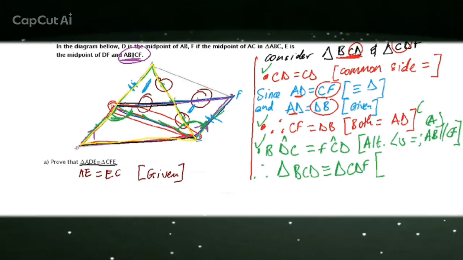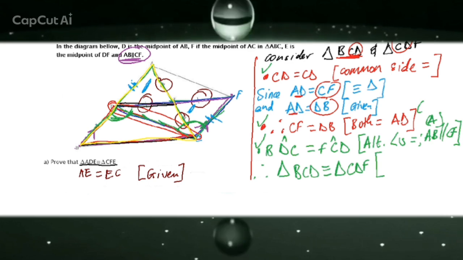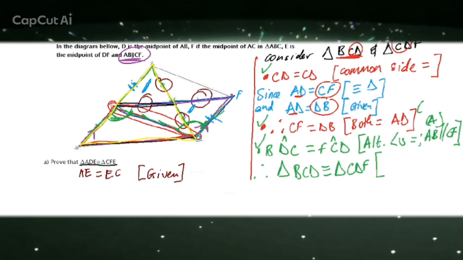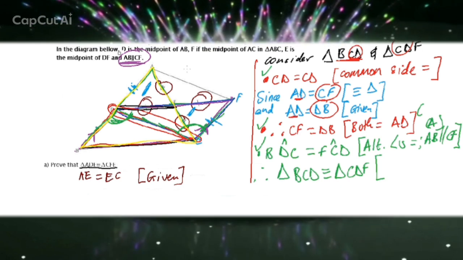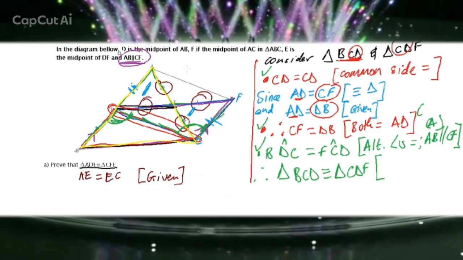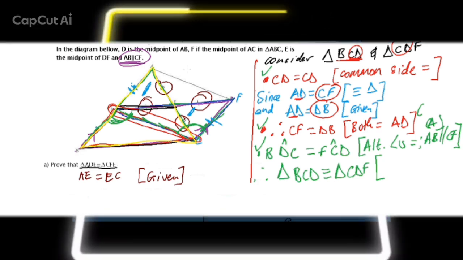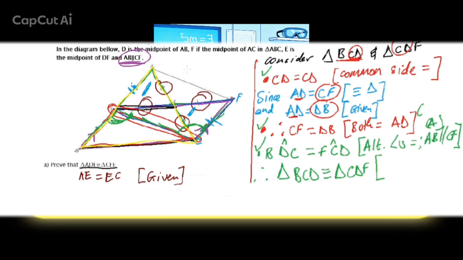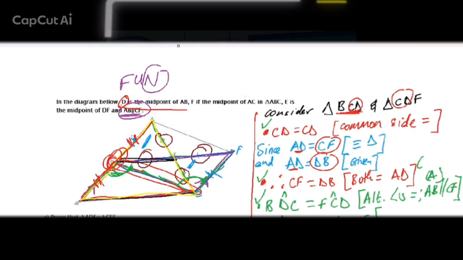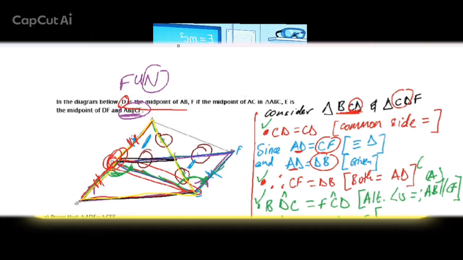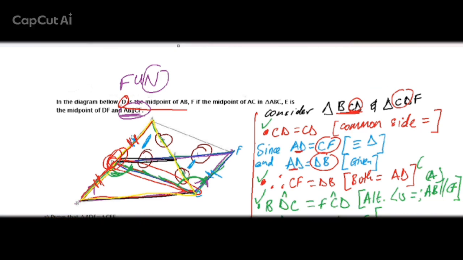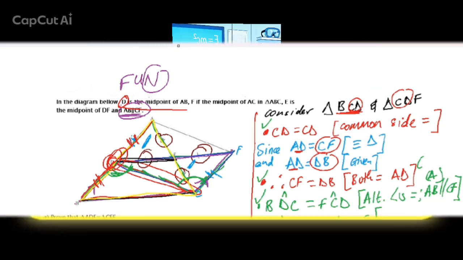Now, in this question, I would like us to focus on this triangle here, triangle ABC. From the initial statement, we're given that D is the midpoint of AB, the midpoint of this line, meaning this D divides the two sides equally, making AD equal to DB.